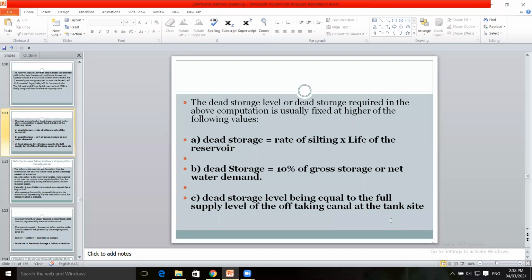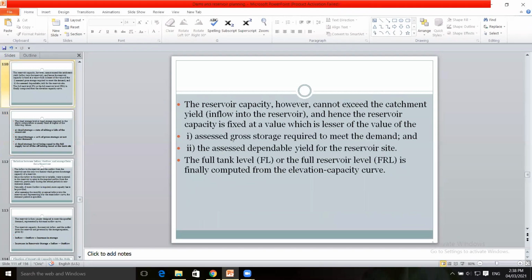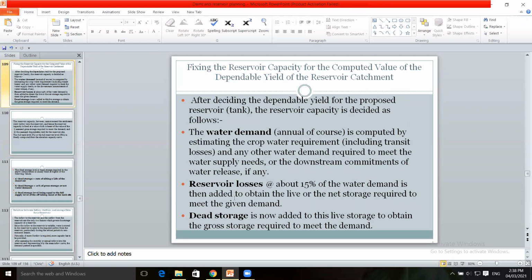So the higher of these three is considered as dead storage level in the reservoir. Any one of the higher of these three is considered as dead storage. That is added in the net or live storage to get the gross storage.